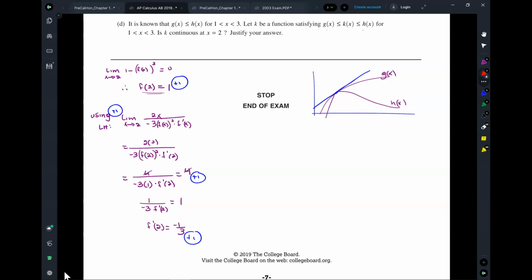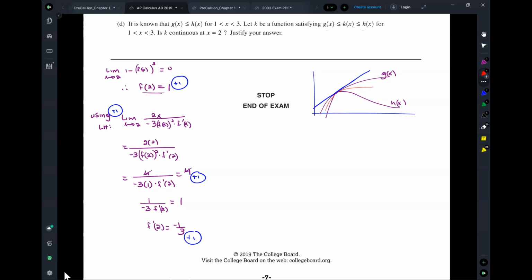What do you guys think? If there was another function in the middle here, does it have to be continuous at x equals 2? Let's think about it. All of the values of that red function have to be in between the two purple ones, right? Okay, at x equals 2, what's the value of g of x? Well, 4. At x equals 2, what's the value of h of x? 4.